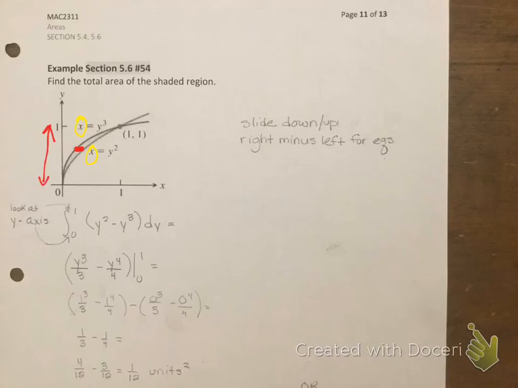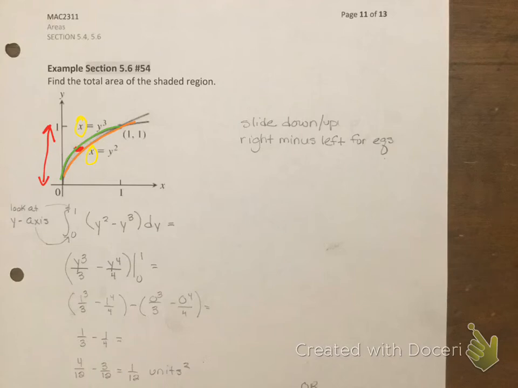So as you slide visually, does the right hand end of that red representative rectangle stay on the right curve? And does the left side of that representative rectangle stay on the green curve? The answer is yes, as you slide that up and down.